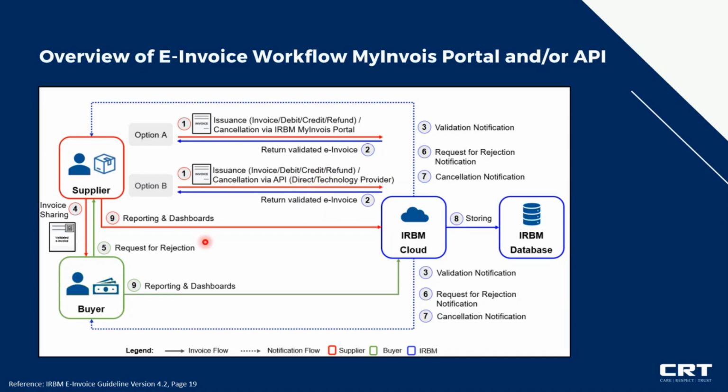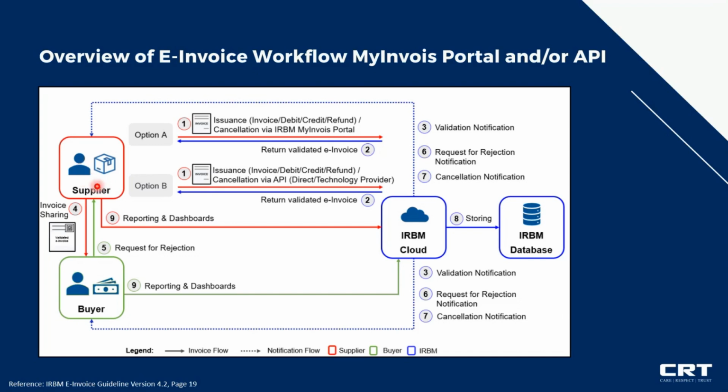For the submission, it will be creating a document, then submitting to the IRBM cloud to get the validation done. So the IRBM cloud will be passing back to the supplier, telling you that your e-invoice is being approved, accepted, and validated.